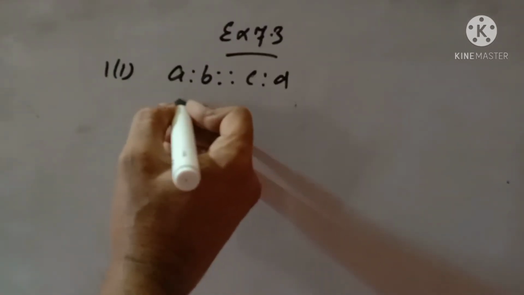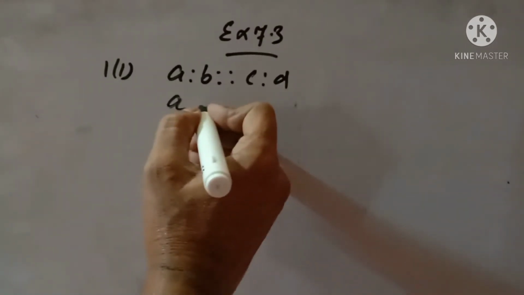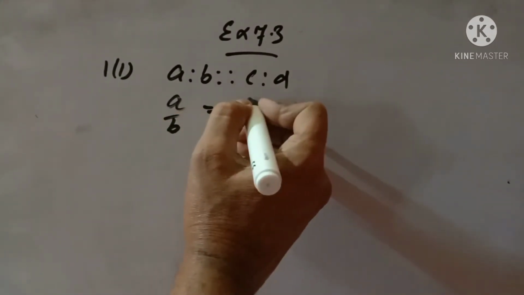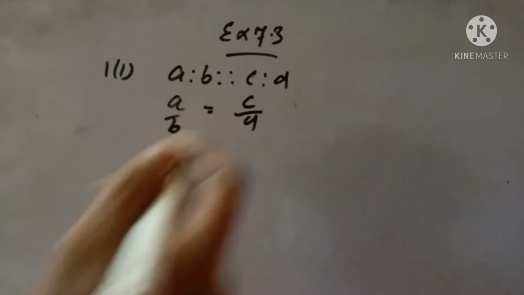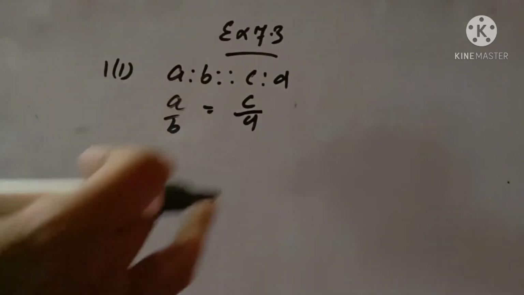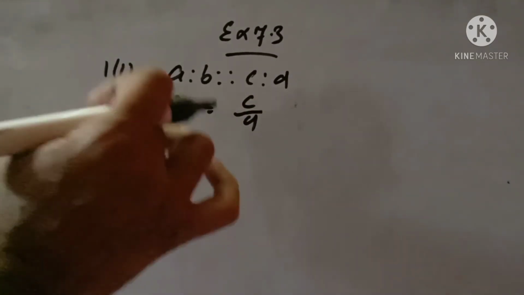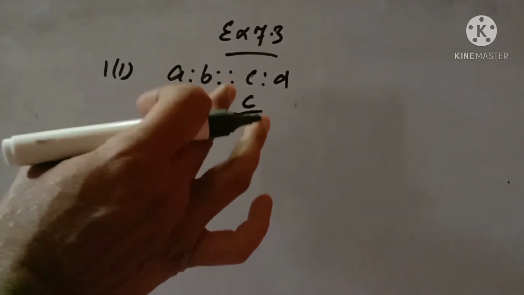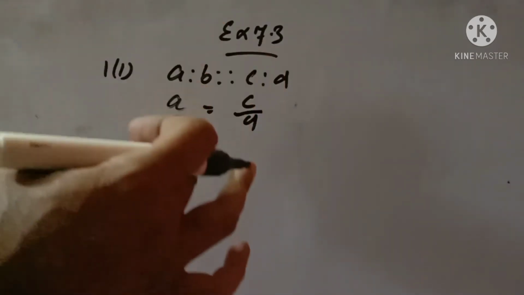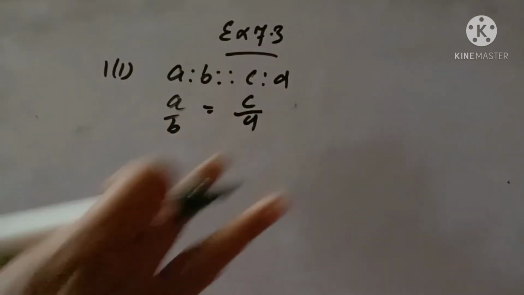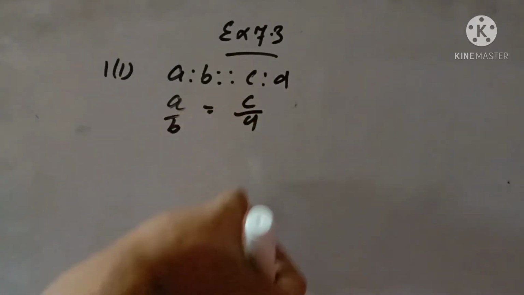So we can write A by B is equal to C by D. First of all, see the demand of the question. A is multiplied by 2 and B by 5, and C is multiplied by 2 and D is also multiplied by 5. So as per the demand of the question, we have to multiply 2 by 5.